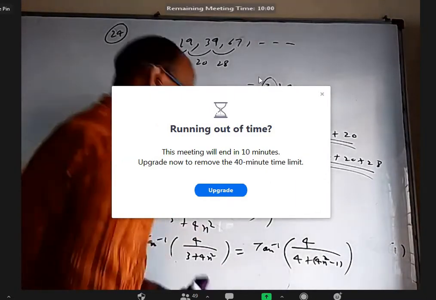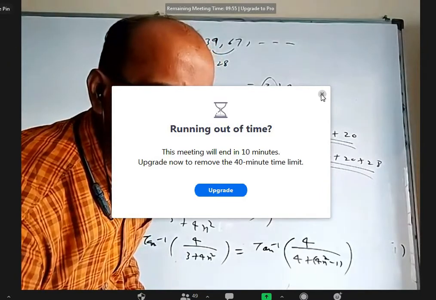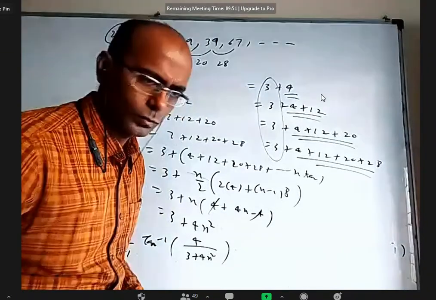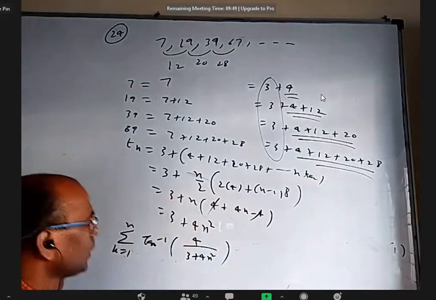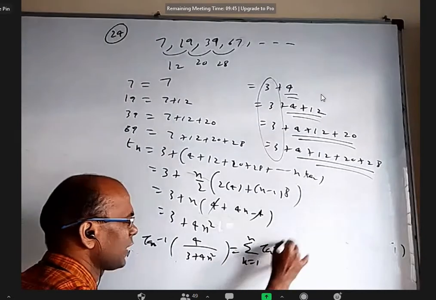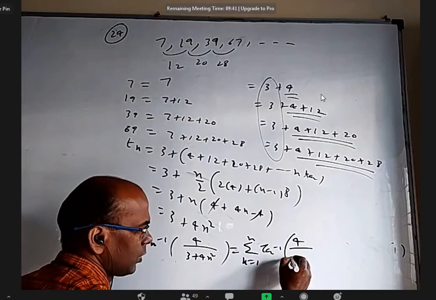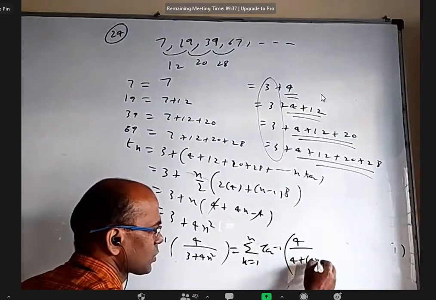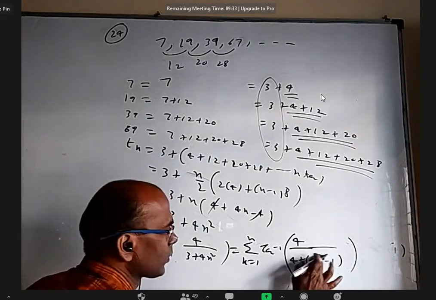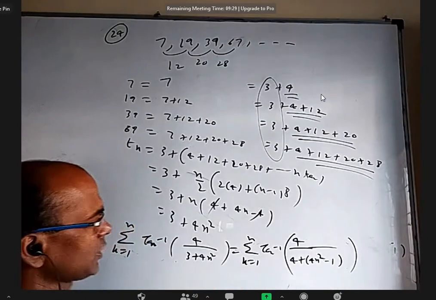I can write here, just to save the place, sigma k equal to 1 to n tan inverse 4 by 4 plus 4n square minus 1. And this I can write as 2n plus 1 into 2n minus 1, and then divided by 4.